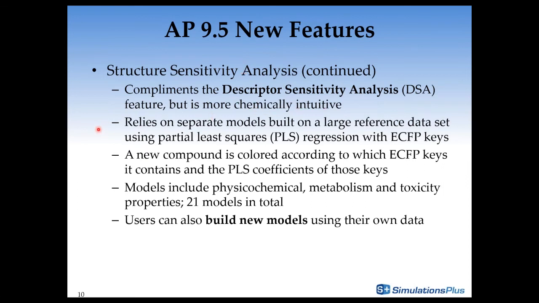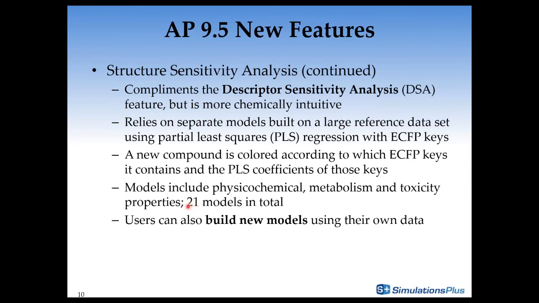The feature relies on a separate set of models that were built on a large reference data set using partial least squares regression with extended connectivity fingerprint keys, ECFP keys. So a new compound displayed in the window can be colored according to which ECFP keys it has and the PLS model coefficients of those keys.